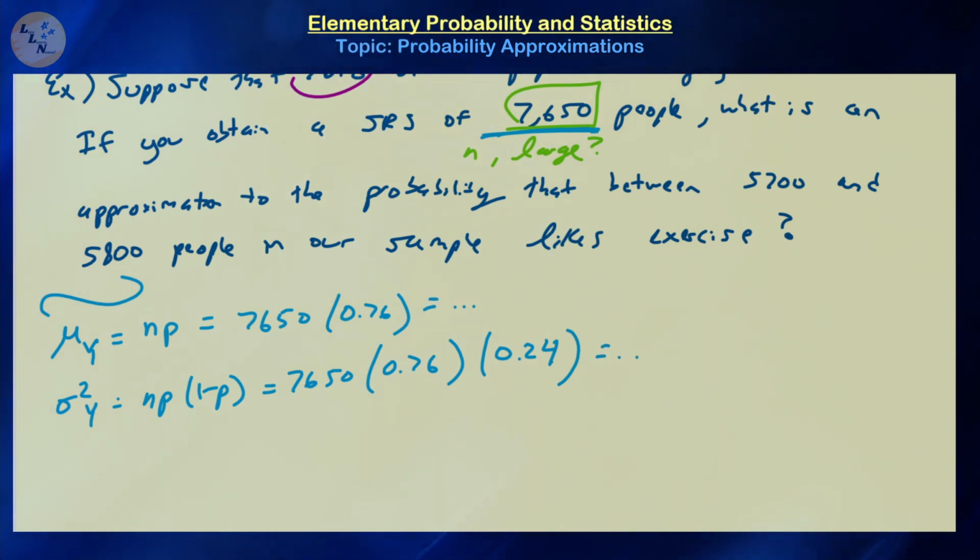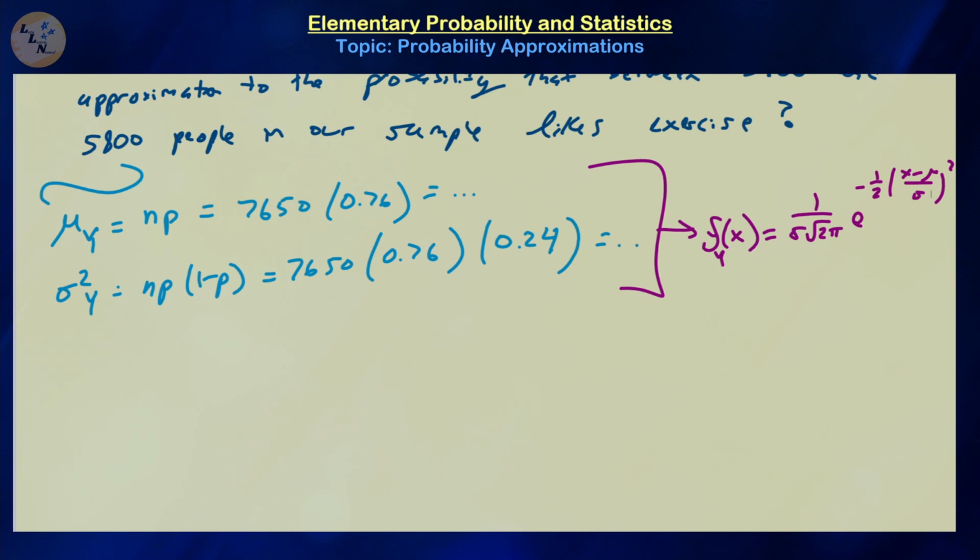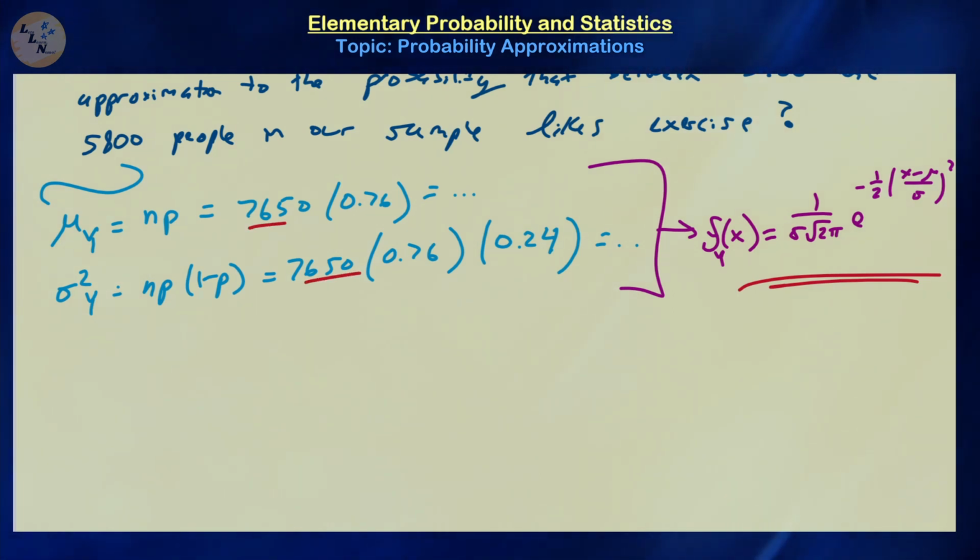So what are we going to be substituting these into? These are going to be substituted into our normal random variable distribution, right? So 1 over sigma square root of 2 pi times e to the minus 1/2 times the quantity x minus mu over sigma, squared. Now, sometimes software does not do integrals on distributions like this very well, especially if these parameters are really large or really small.